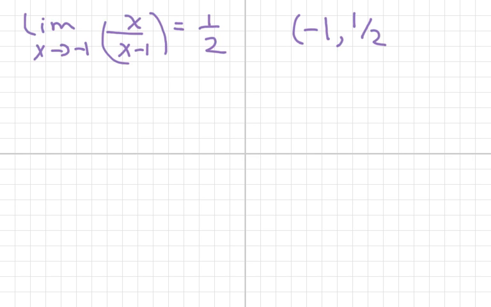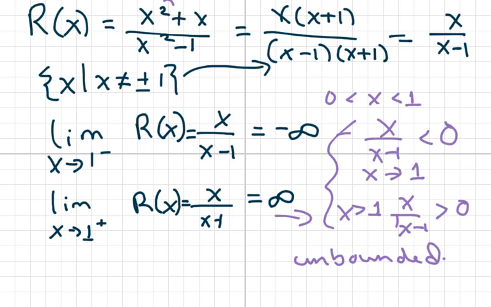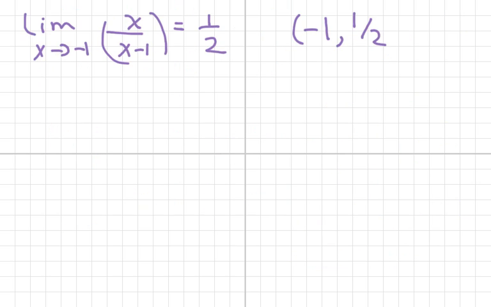Since the degrees are the same, let's go back. Remember this, when the degrees are the same, we have a horizontal asymptote, you divide the lead coefficients. So we have a horizontal asymptote at y equals 1 here.